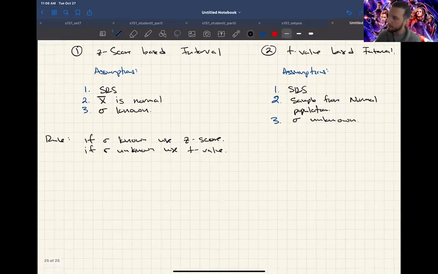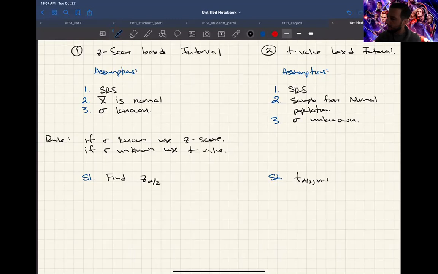All right. In terms of construction, the two intervals are built in the exact same way. For the z-score formula, we find what is called z subscript alpha over 2. For the t-based formula, we find t alpha over 2 comma n minus 1. Same idea: we find a z-score if we use the z-score formula, and a t-value if we use the t-value based formula.